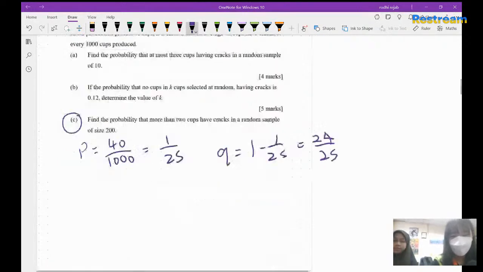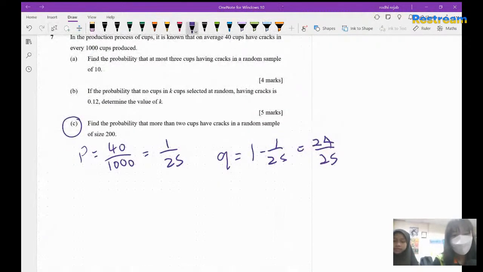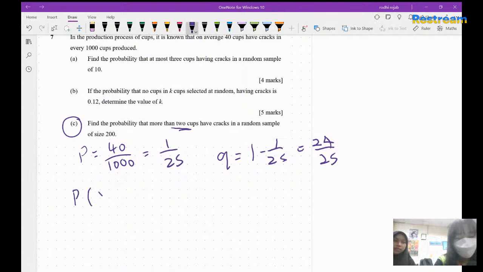Now we have to find the probability that more than 2 cups have cracks. So more than 2 cracks is the probability of X greater than 2.